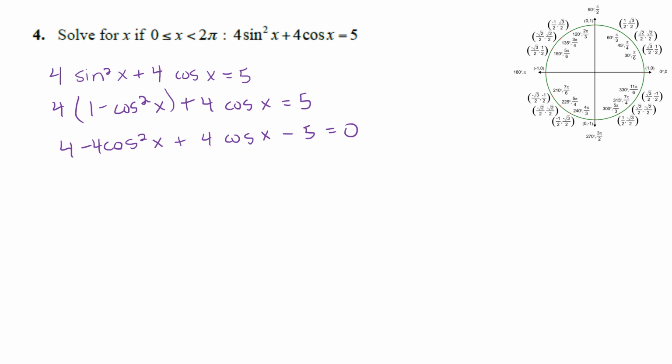So now we can simplify the left-hand side. So we'll have negative cosine squared x plus 4 cosine x minus 1 equals 0. We'll divide each term by -1 so that our coefficient a in our quadratic equation is positive.